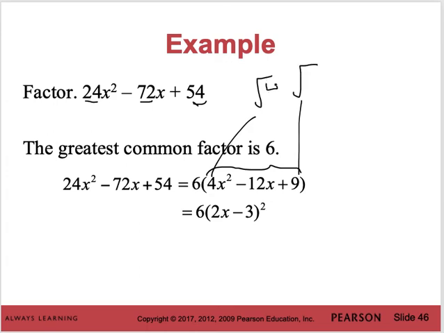Yes, you can. Square root of 4 is equal to 2. And the square root of 9 is equal to 3. So this is in that format of a squared minus 2ab plus b squared. So I have a minus b squared. 2x minus 3 squared is our way to simplify that even further.